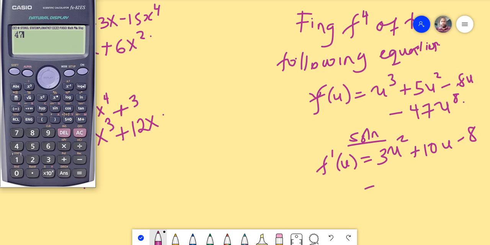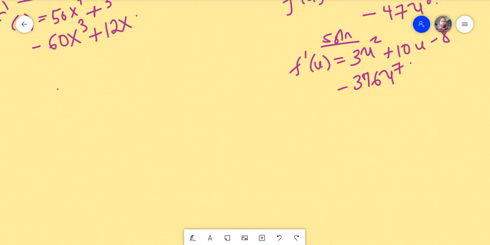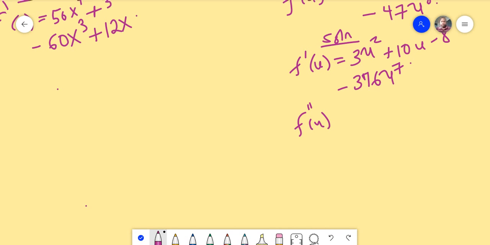So here you can employ a calculator. 376, so we get 376u raised to power 7. So that's the first derivative. And then now we go to the second derivative.